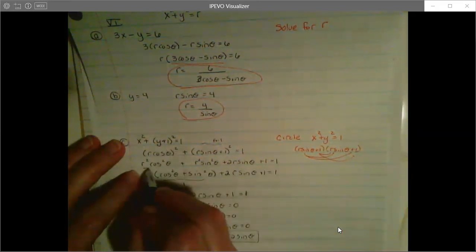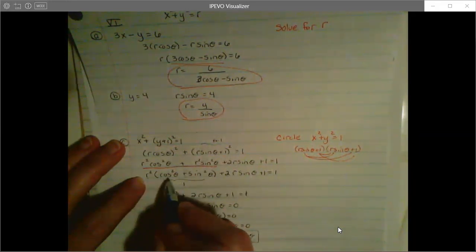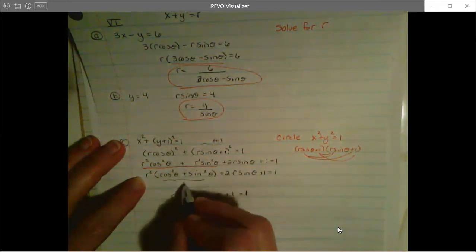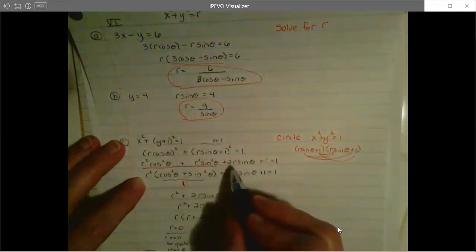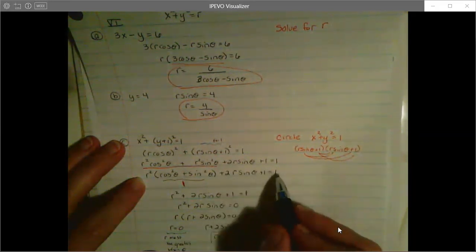So if I look at this part right here, I can factor out an r squared, and I'm left with cosine squared plus sine squared. That's a Pythagorean identity, so that equals 1. This I haven't touched, so 2r sine theta plus 1 equals 1.